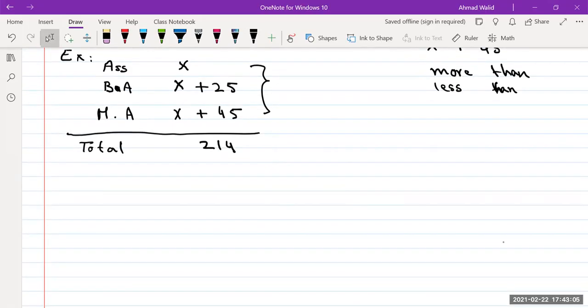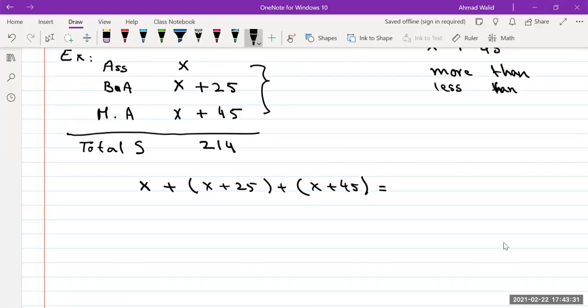Basically, you see what I created at the top. If I put all of them together, I made an equation. Total salary, what does it mean? It means add all of these salaries: add X with X plus 25 and add this one with X plus 45.